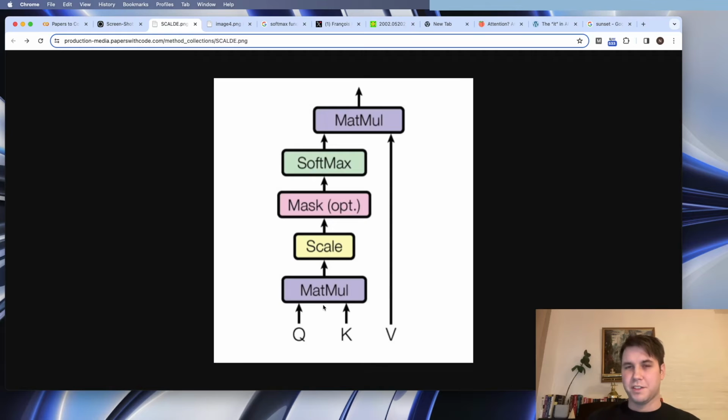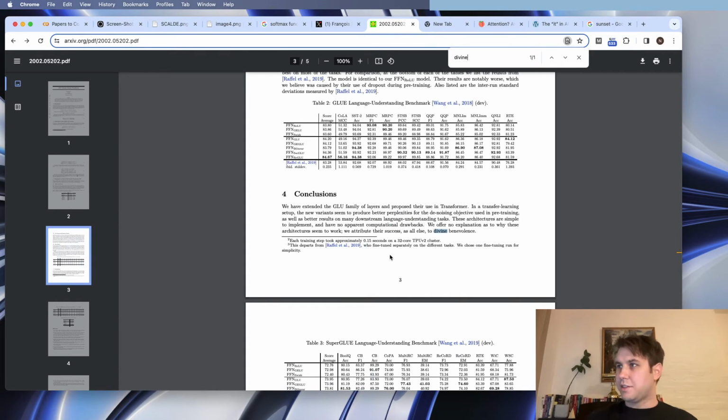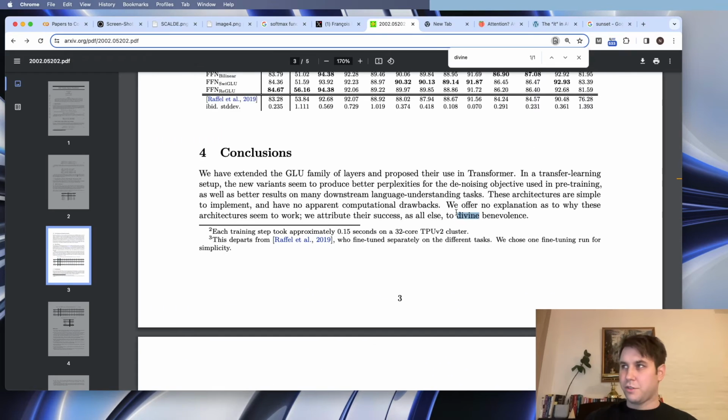A great example of this is from the SwiGLU paper a couple years ago out of Google. This basically outlines new nonlinear activation functions that work well, and they're used today, and they just work a little bit better than the other variations. If you look in the paper, the author concludes, "The new variants seem to produce better perplexities.